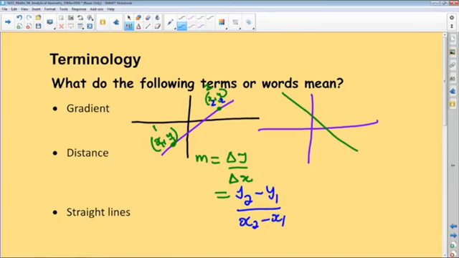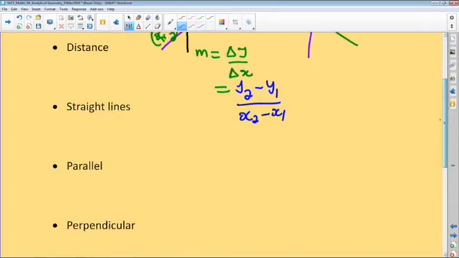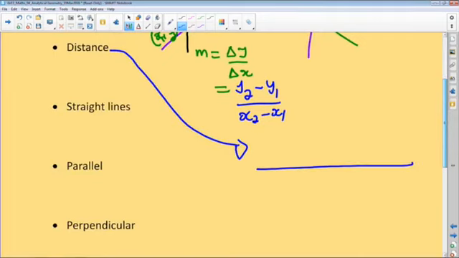Now, if you look at distance, for instance, I can have a Cartesian plane again, with a point A here and a point B there. I can ask you to work out the distance between those 2 points. For a horizontal or vertical one, it's easy to just work out the blocks.